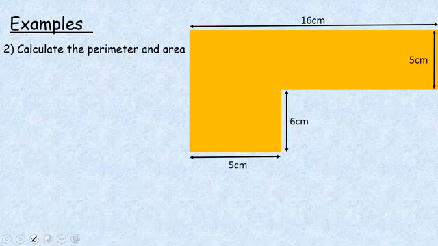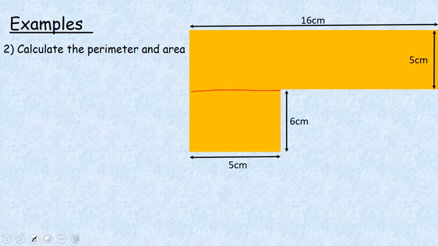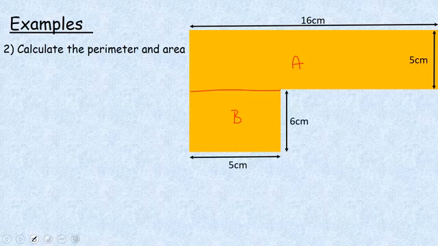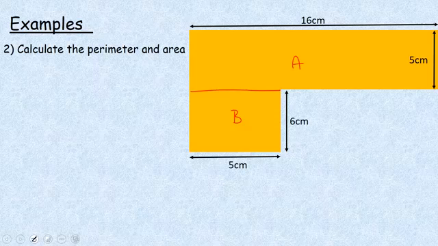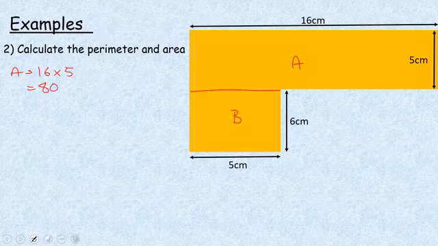This one I'm going to split like this. We call this one A and this one B. So for area, I've got all the information I need there. If we look, so A, I can see a width of 16 and a height of 5. So for A, we've got 16 multiplied by 5, and that is 80.